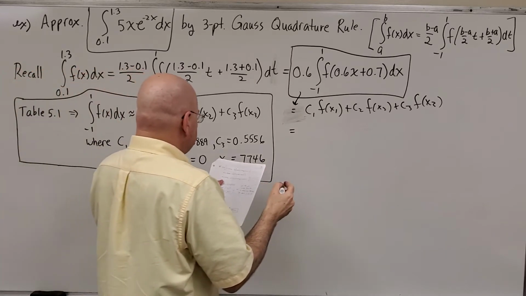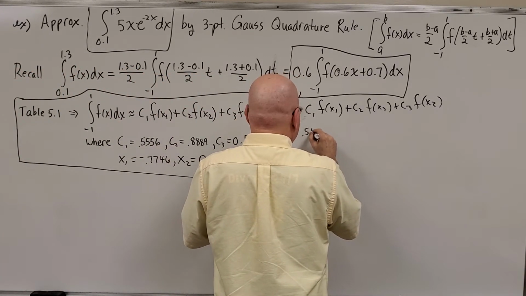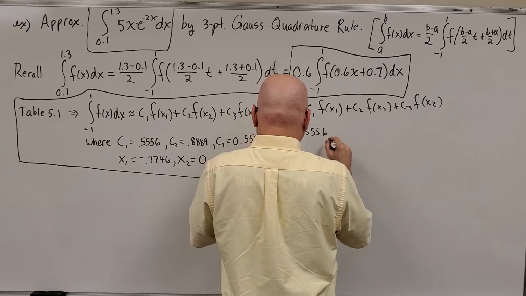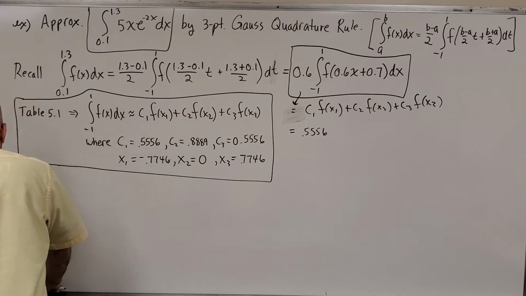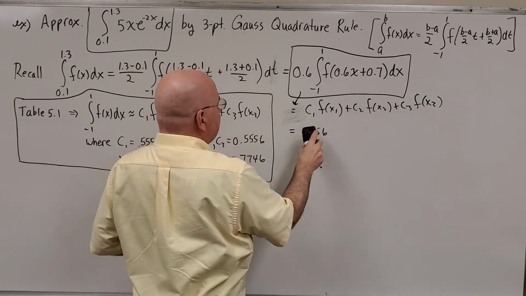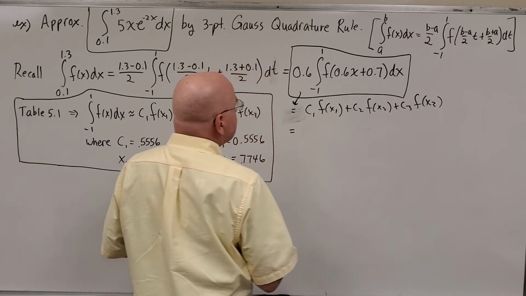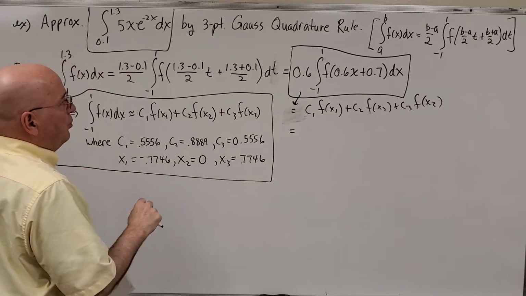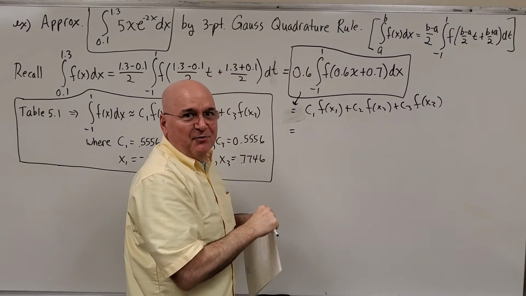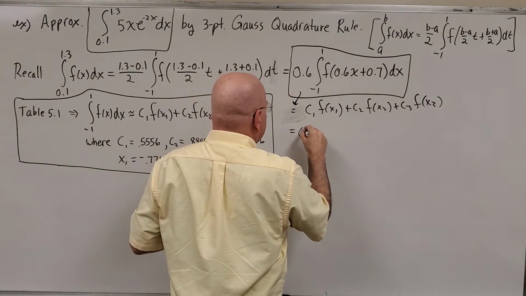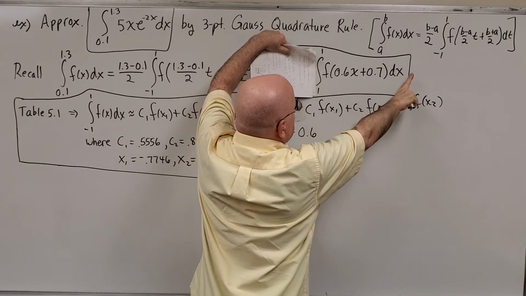So we're going to get 0.5556. Oh, sorry, I left off the (b minus a)/2. So this constant isn't part of the table. We need to remember this constant, 0.6. What the table is going to give us is this integral.